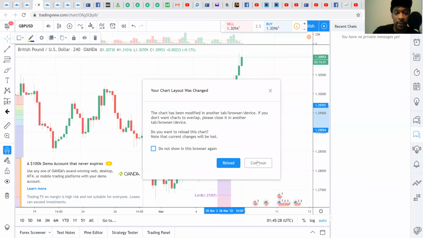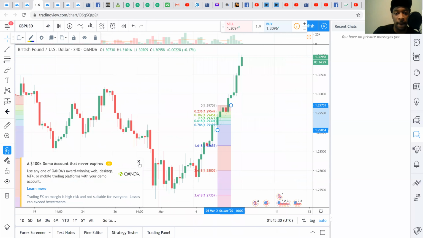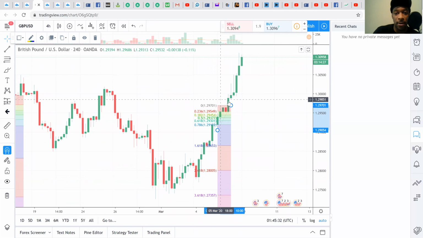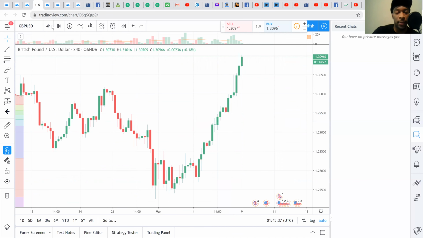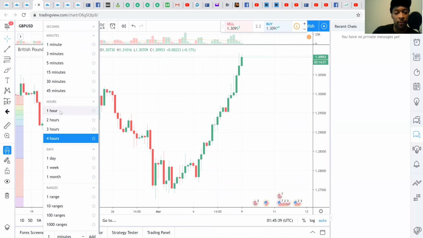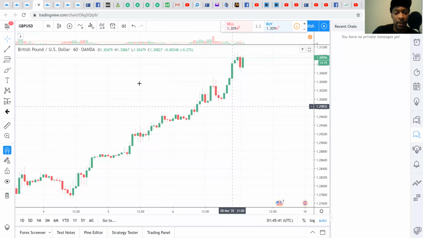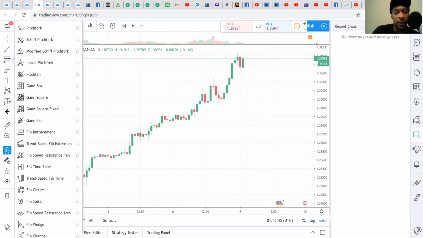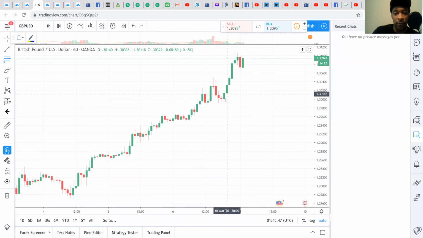And now let's look at the GBP USD, which has been on a rise. Market opened with a gap to the upside. So if you don't want to chase the trade, like chasing the buy trend, you can wait for it to retrace.